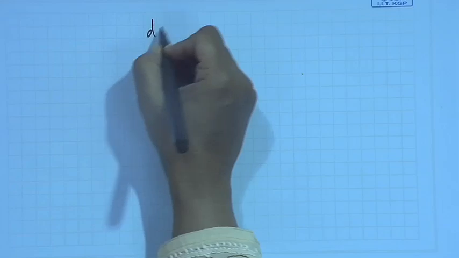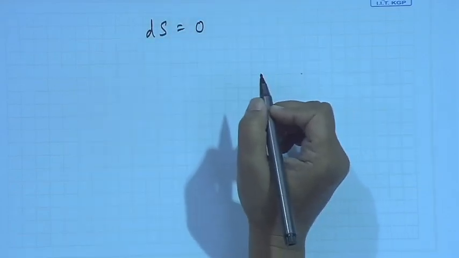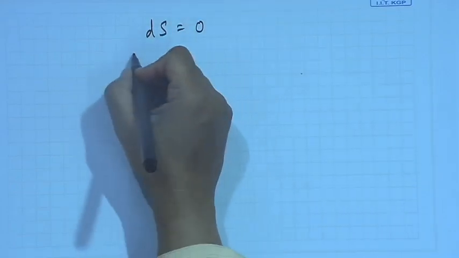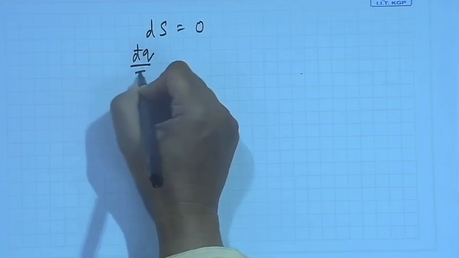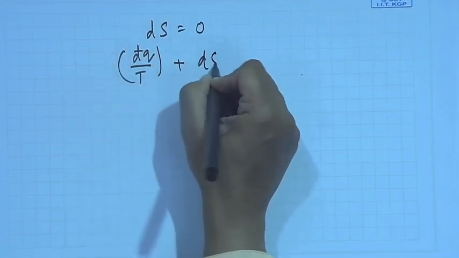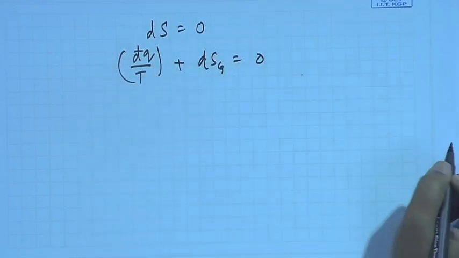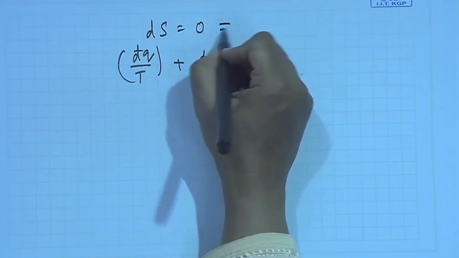We know that for an isentropic process, ds is equal to 0. Now, what does this imply? This implies that dq by T plus dsg equals 0.